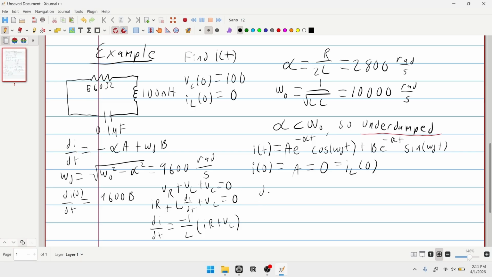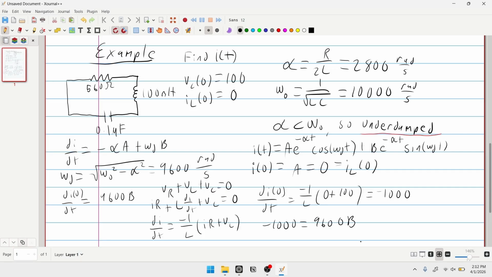So di/dt at 0 equals negative 1 over L times, and this will turn to 0 because initial current is 0, plus 100. If we plug in our L, we find that this is equal to negative 1000. And so negative 1000 equals 9600 B.